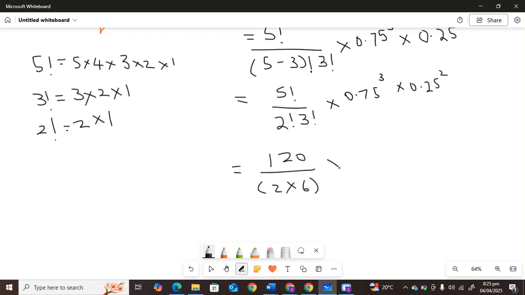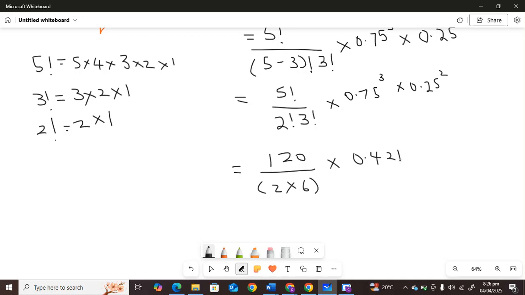Just get your calculator, sir. What is 0.75 to the power 3? 0.42.